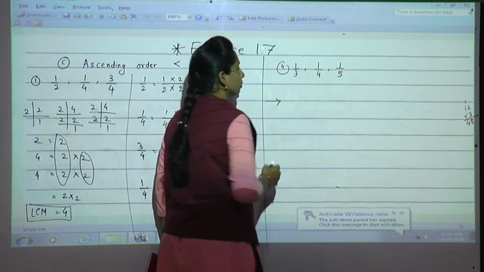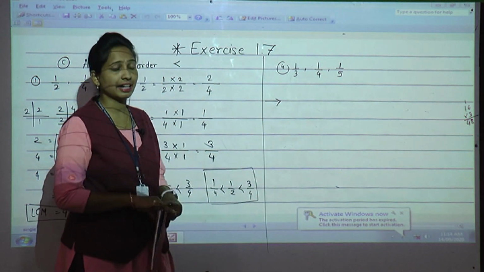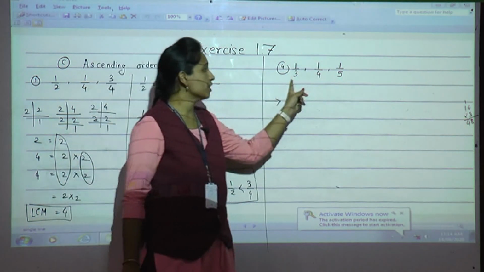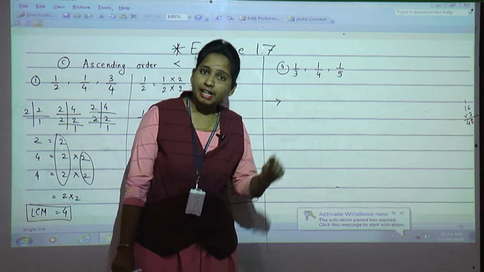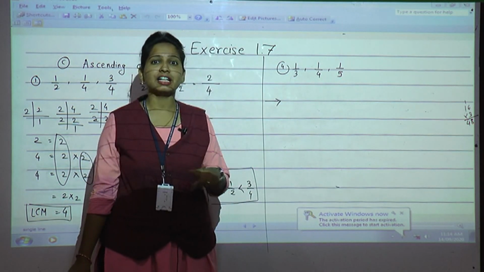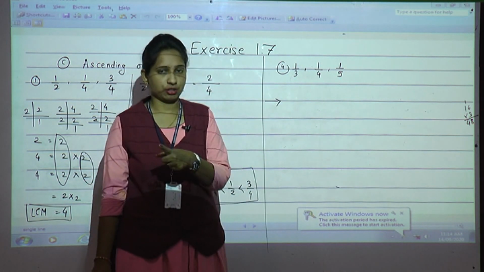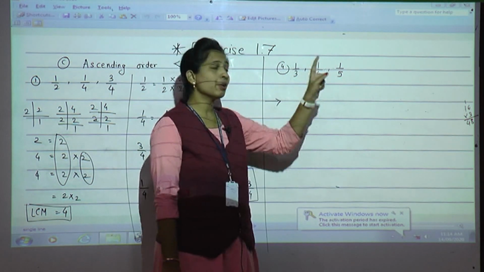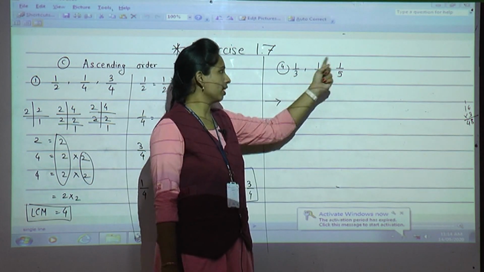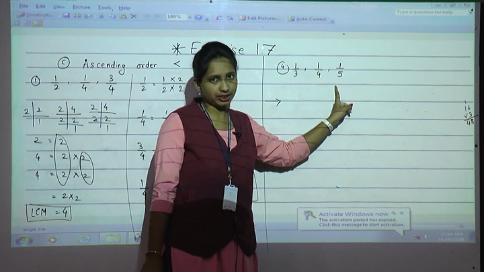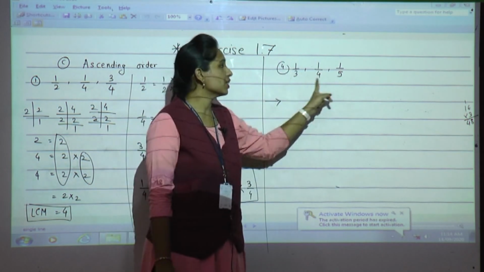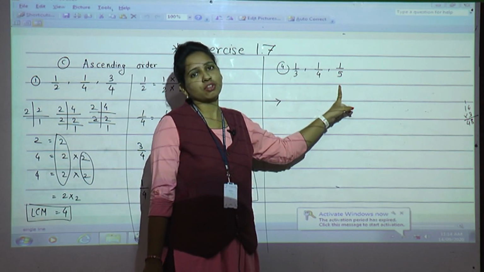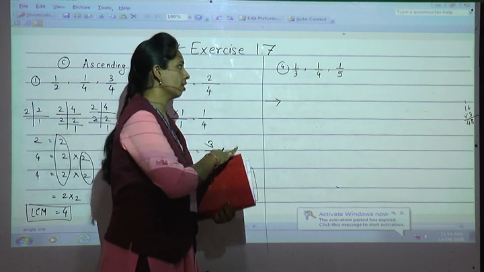If the numerators are the same, in that case you need to see which is greater in the place of the denominator. The one with the greater denominator will be the smaller fraction. When the numerators are the same, that is 1, 1, 1, you compare with the denominators, and the one with the greater denominator will be the smaller number.